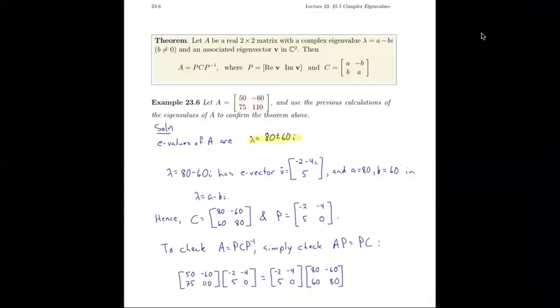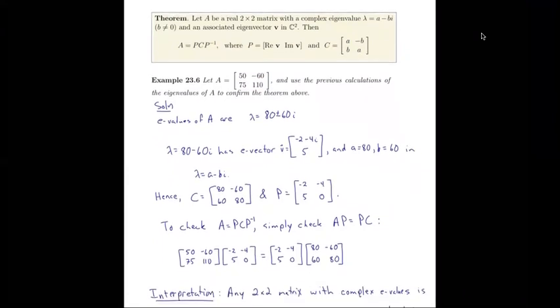We know its eigenvalues, so we pick up its eigenvalue at 80 minus 60i, and we're going to just confirm that this theorem is true. We're going to write down all these parts, and we won't prove the theorem. We're just going to see that it is correct with this example. Again, that's not a proof, but it's a good introduction to using the theorem and to at least seeing one case in which it's true and perhaps extending that to believe it.